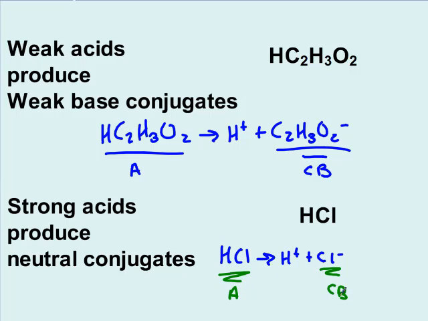But chlorine is a conjugate base in theory, but it's such a weak base that water is actually a stronger base than it is. So it is referred to as just neutral. So weak acids are going to produce a conjugate base that's actually considered a base, while strong acids are going to produce a conjugate base that is weaker than water. In other words, it's going to be neutral.